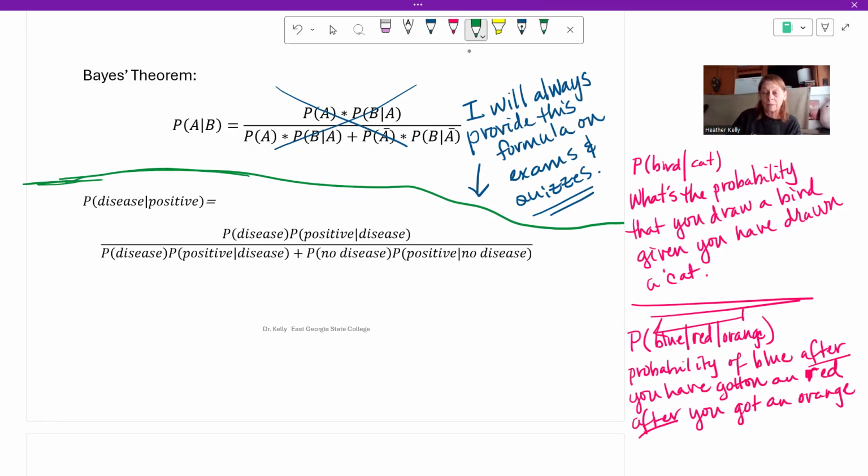That's what this says. What is the chance that you have the disease given a positive test? Okay, so this is the probability you have a disease given you tested positive for it.